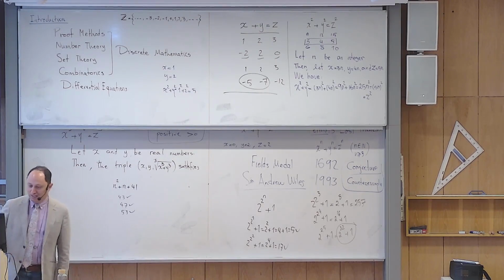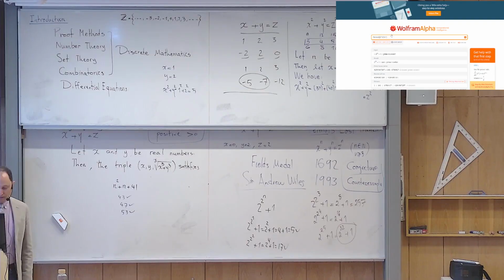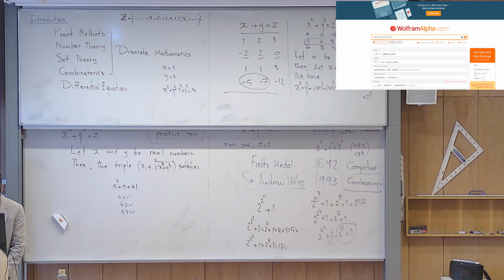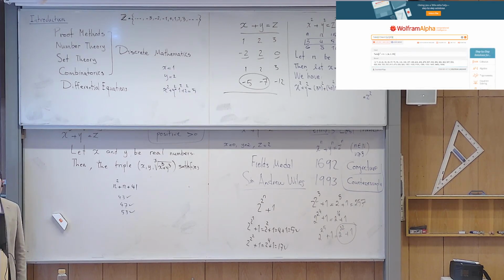Let us check it here on Wolfram Alpha. I want to generate that one if I remember the syntax of this language. So I generate a table of n to the power of 2 plus n plus 41, and let me limit n from 1 up to 39.